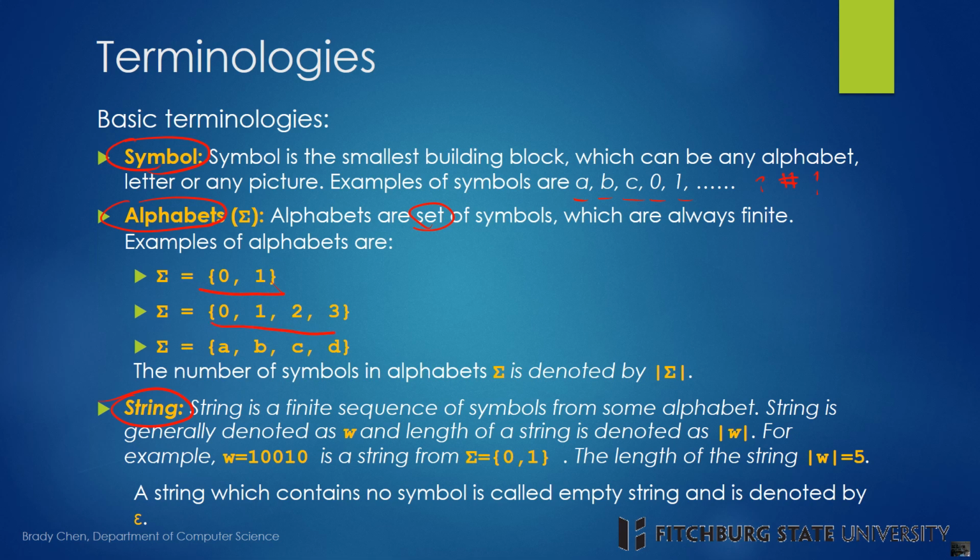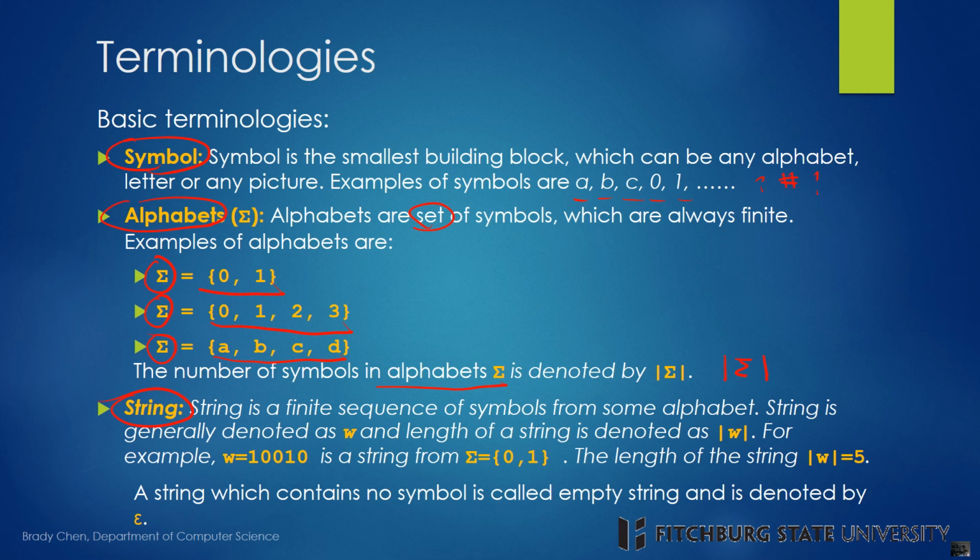Or we can have 4 symbols, 0, 1, 2, 3, or another 4-symbol set, which are A, B, C, and D. Alphabets are typically represented by the Greek letter sigma. The number of symbols in alphabet sigma is denoted by sigma with 2 bars around it. We know that the number of symbols in a set is called the cardinality of the set, so it is the cardinality of sigma.